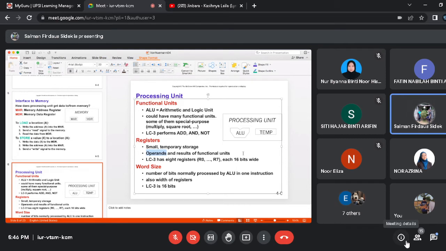You can see that the label of the register starts from 0, so don't get confused. The maximum one is 7. R7 means the 8 registers, because the label starts from 0. So for the 8 registers, the label is R7.